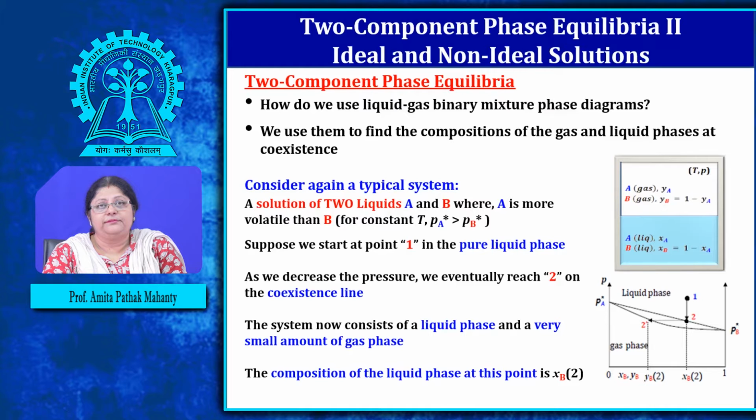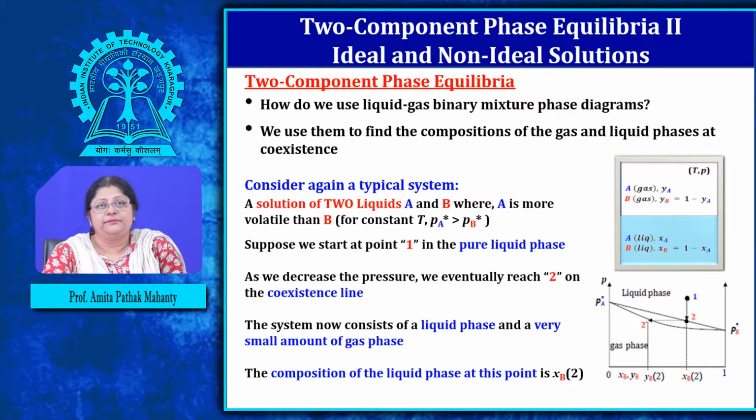There's not going to be any gas phase present at this particular composition. If I draw a line, then I can read the composition of the liquid phase B. If I know the liquid phase B, I can find out the liquid phase A.